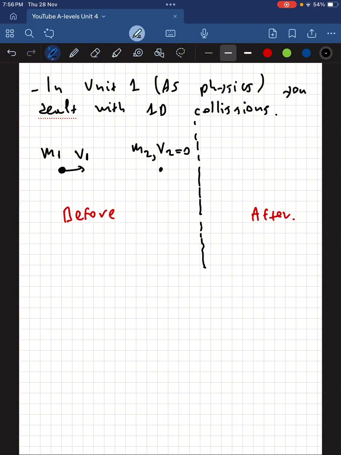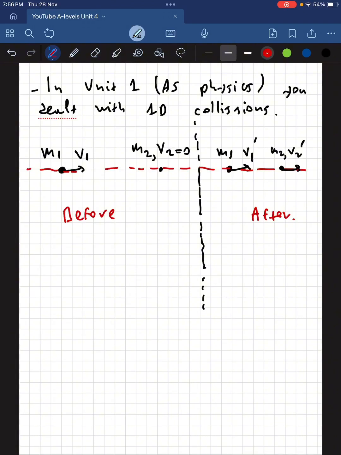At the AS level, you saw examples in which mass 1 keeps moving to the right with some velocity v1 prime. It can also move backwards, as long as it's in the same line. So when we say one-dimensional, we mean that everything lies along this line. And then mass 2, the object ball, moves also to the right with some velocity v2 prime.